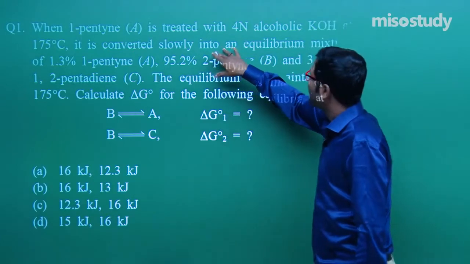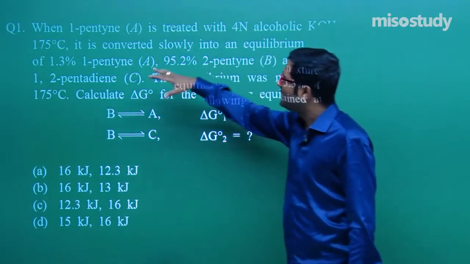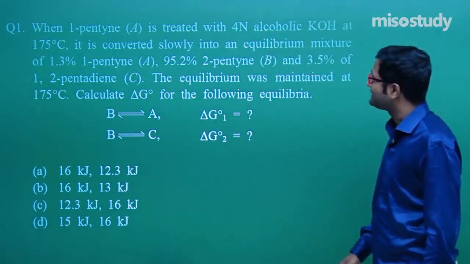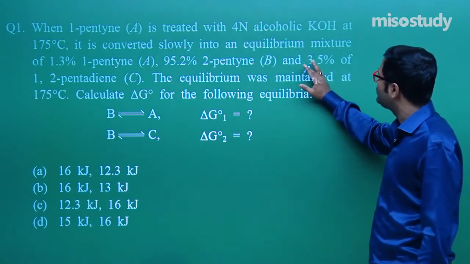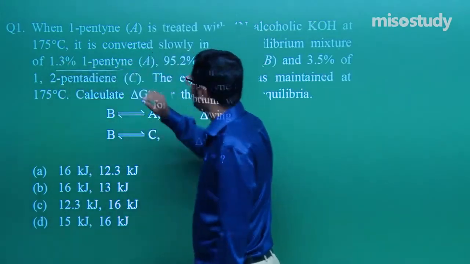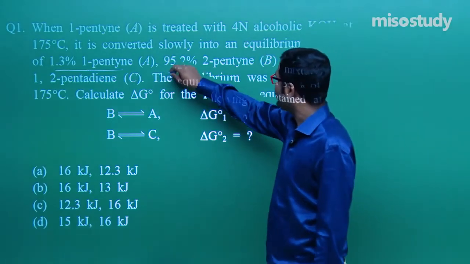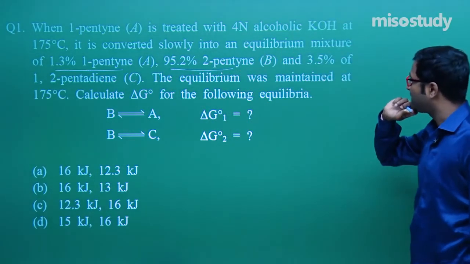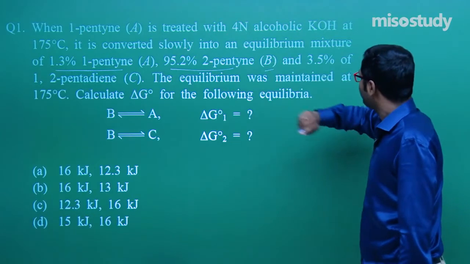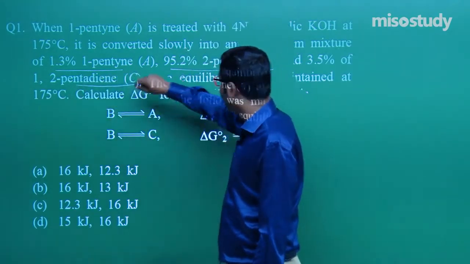When 1-pentyne is treated with 4 normal alcoholic KOH at 175 degrees Celsius, it is converted slowly into an equilibrium mixture of 1.3% 1-pentyne, that is A, 95.2% 2-pentyne, B, and 3.5% of 1,2-pentadiene.